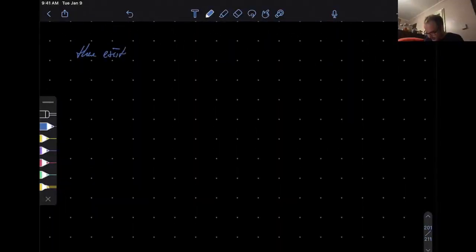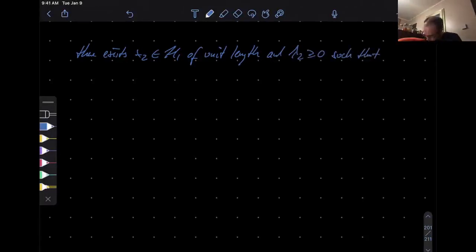There exists x2 in H1 of unit length and lambda 2 non-negative such that Tx2, but x2 is in H1, so it's just the restriction, T1 x2, equals lambda 2 x2.